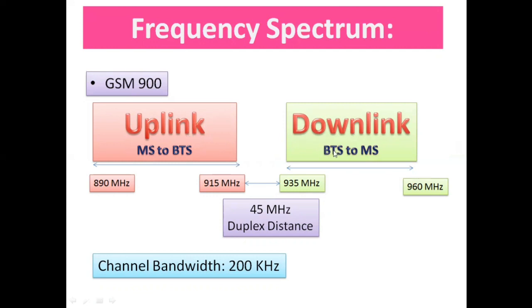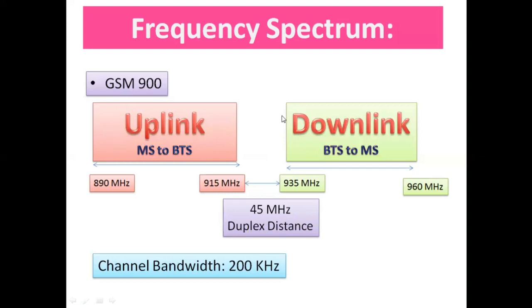Why is this required? Because in mobile communication, or any communication, we basically need full duplex communication. That means both transmission and reception should be done simultaneously. To overcome interference, we need to maintain a distance called the duplex distance.